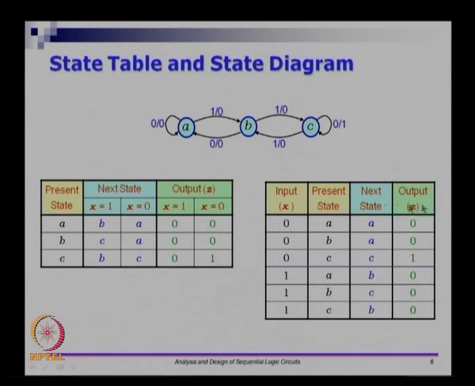And the number of columns, in this case again there is only one output. If you have more outputs, you just keep adding columns. So if you have 2 outputs, you put Z1 and Z0 maybe, right. So that is the general way in which you will draw the state table given a state diagram. So we will look at only single input, single output circuits for some time before we go to the other circuits.